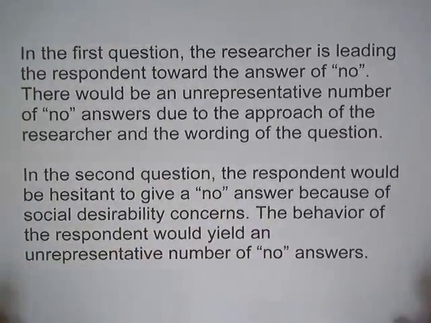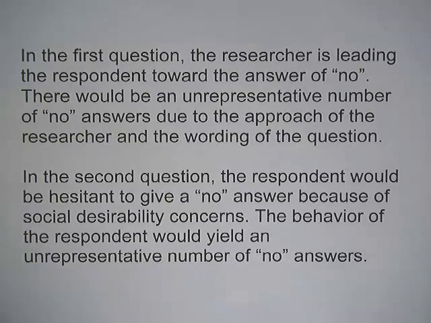Okay, so in the first question, you're going to get some response bias there, because the researcher is leading the respondent toward the answer of no. It's the statement that said in our town 25% of car accidents among 18 to 20-year-olds were alcohol related.